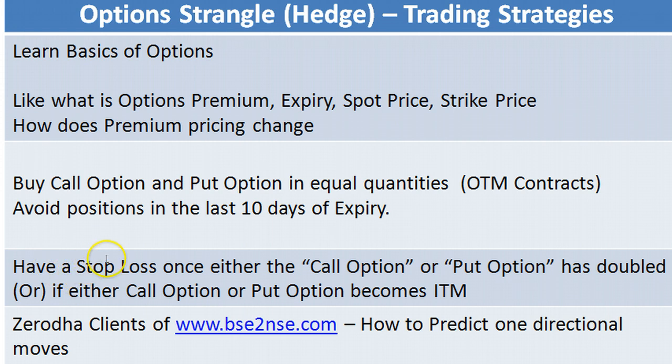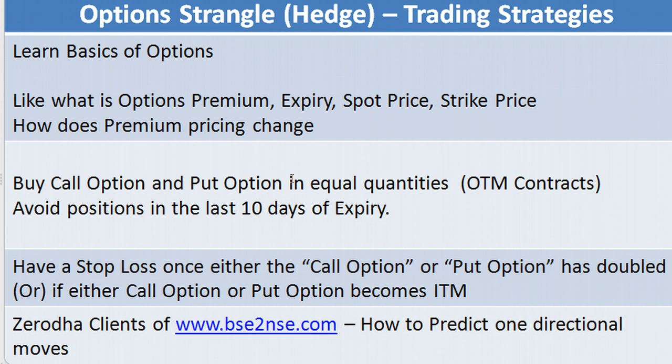So basically the strategy is, assuming you're investing 100 rupees in call option and 100 in put option, either if the call option doubles or the put option doubles, then you will obviously be in a profitable situation. Your net investment is 100 in call option and 100 in put option. Assuming the call option doubles and becomes 200, the put option may become something like 30 or 40 rupees.